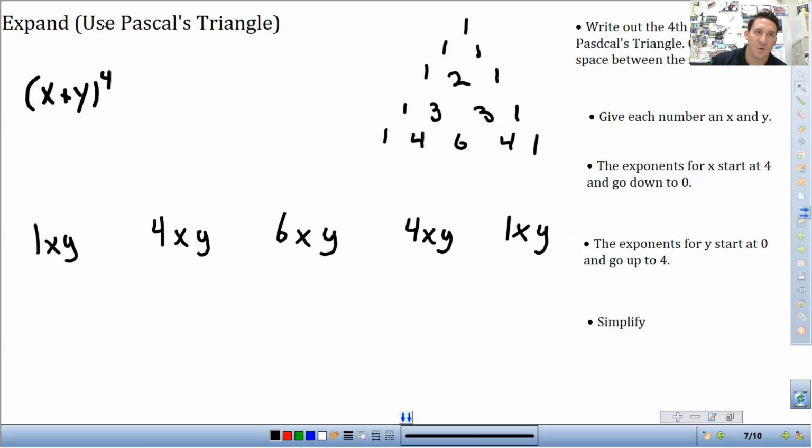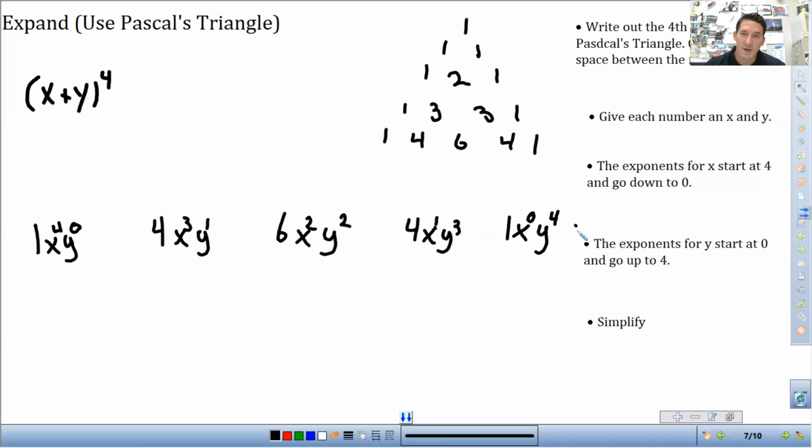So it starts with whatever is here. So it's 4, and I'm going to go down 4, 3, 2, 1, 0. Then I'm going to go backwards. The exponents for y start at 0 and then go up to 4: 0, 1, 2, 3.